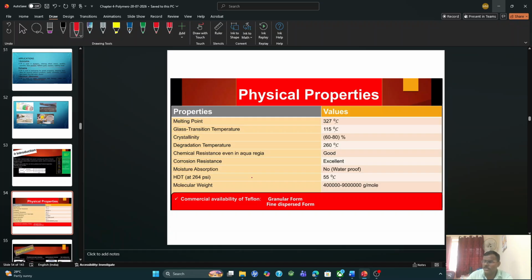Aqua regia is nothing but a hydrochloric acid and nitric acid mixture. Hydrochloric acid is 3 ratio. Nitric acid is 1 ratio. Okay.